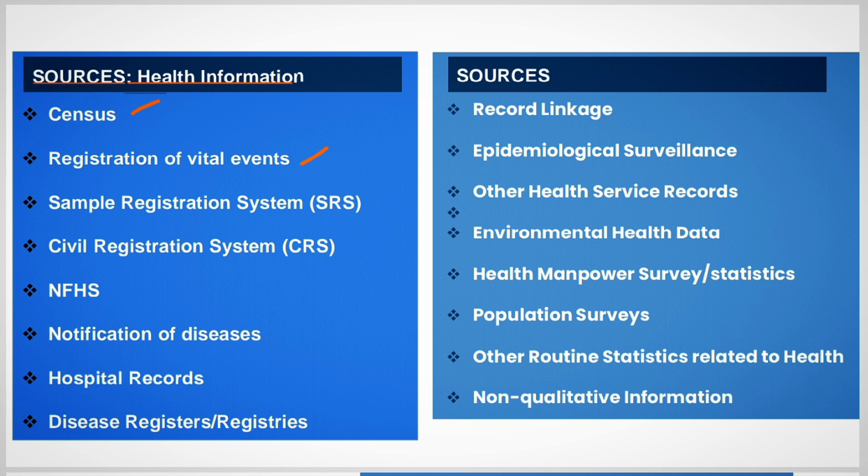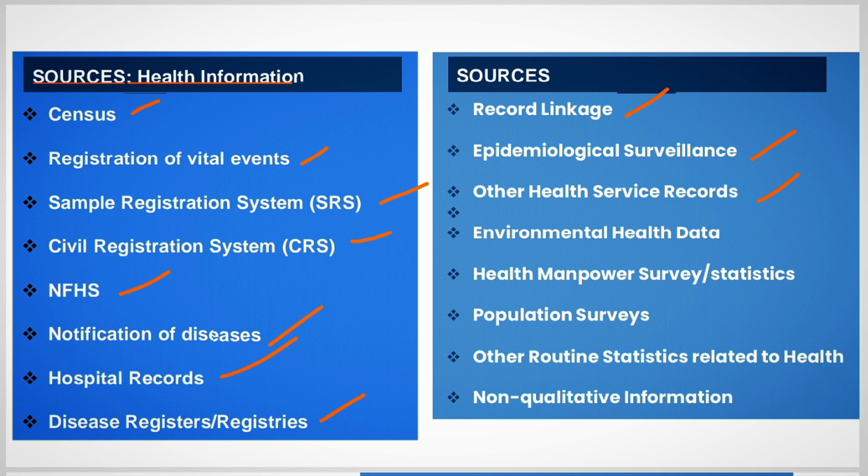It also includes the sample registration system, the civil registration system, the National Family Health Survey, the notification of diseases, the hospital records, disease registers as well as disease registries, record linkage system, epidemiological surveillance, and we can also use health service records as sources of health information.